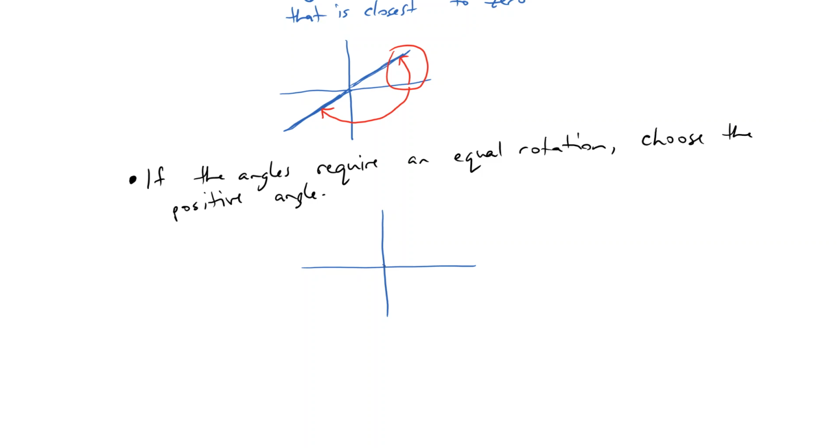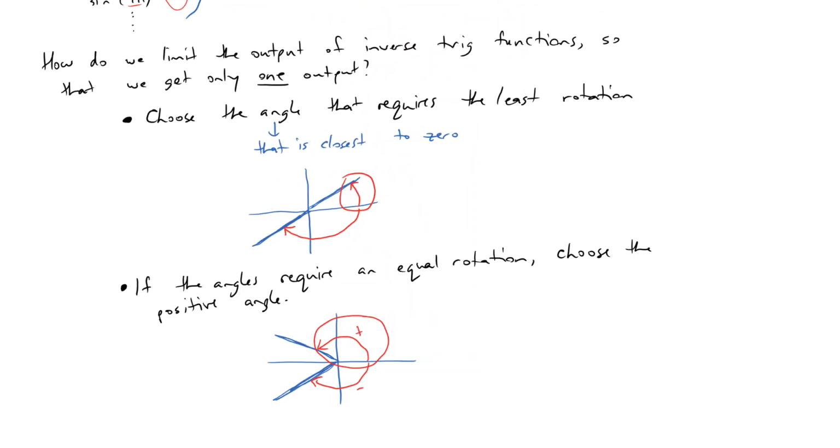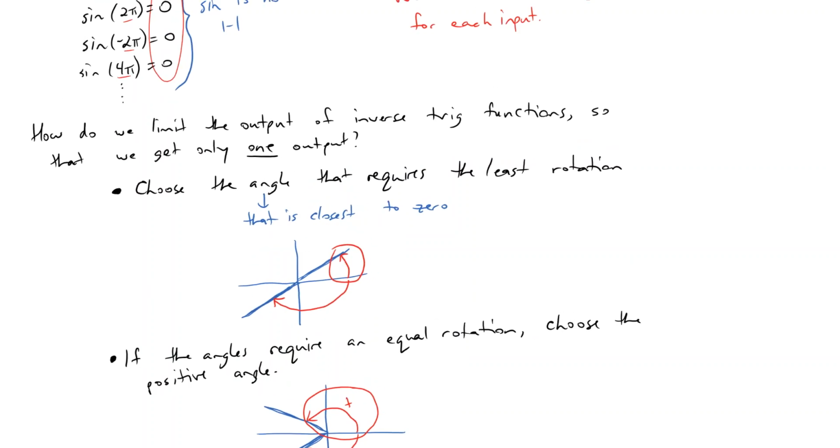If one angle has a terminal side over here while the other angle has a terminal side over here, the least rotation from 0 to the first angle is this, and from 0 to the second angle is this. This is a positive angle, this is a negative angle, and the amount of rotation is equal. So in this case we're going to choose the positive rotation. That's the idea of how we can limit the output of these inverse trig functions so that we get one output, thus making them functions.